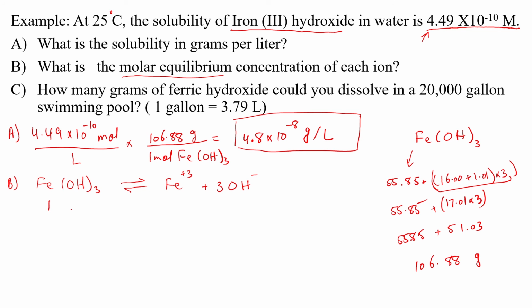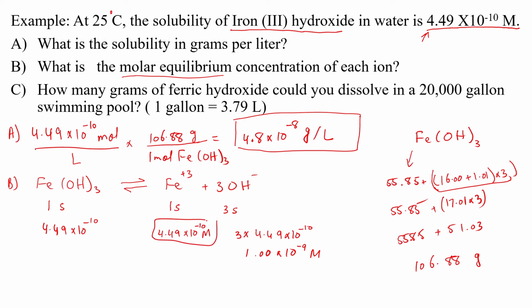So if this is your 1S, one solubility or one concentration, this as well is your 1S and this is your 3S. So these are the molar concentrations of cation and anion.